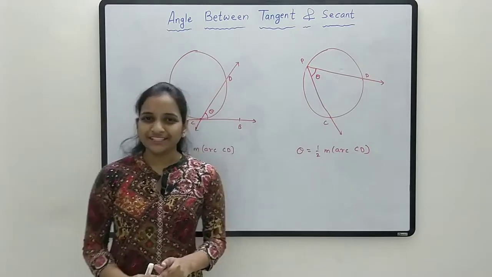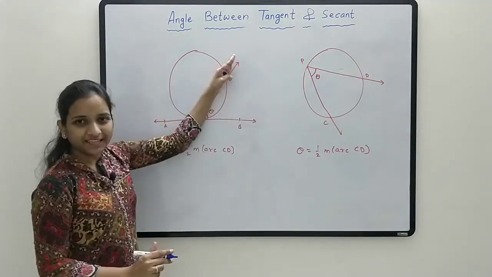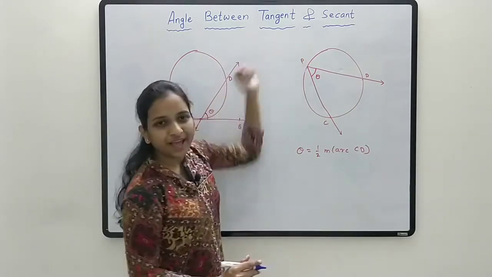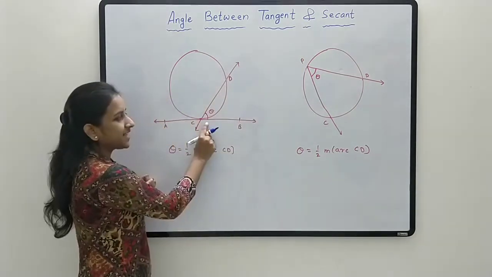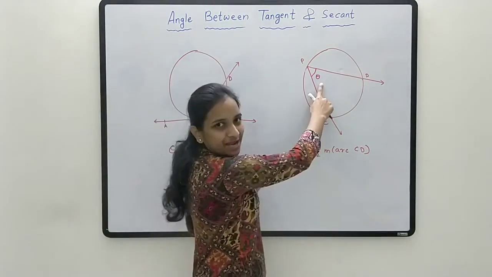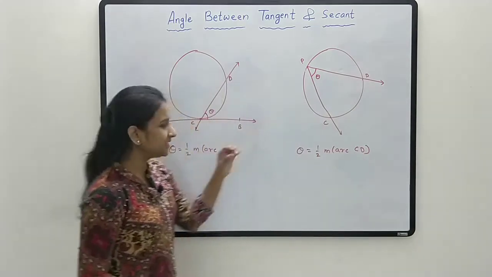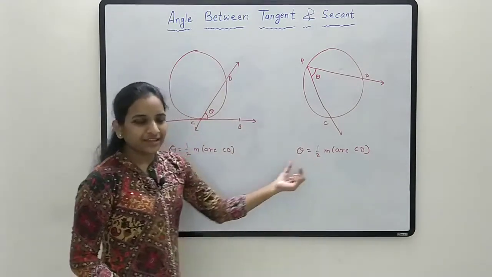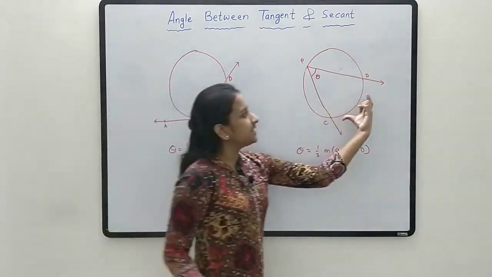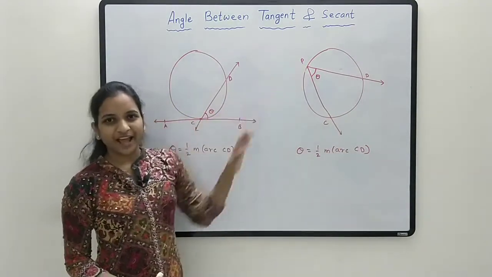Okay. Now let's see the relation between this angle between tangent and secant, and the inscribed angle. See, for this angle, the intercepted arc is arc CD, and for this inscribed angle, the intercepted arc is arc CD. Just now we have seen the formulas are the same. So, for this intercepted arc, we can say this angle is equal to this inscribed angle.